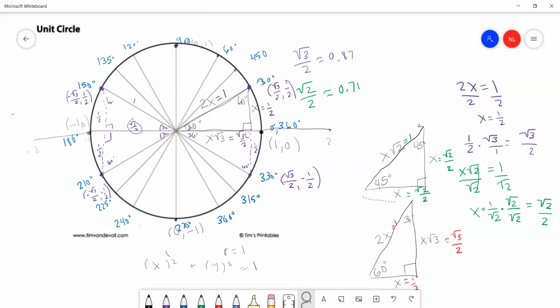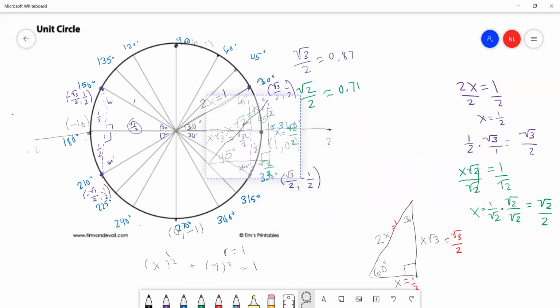So now I'm going to look at my next angle at the 45-degree line right here. All right, so I have this 45, 45, 90 triangle. I move that to be about here.